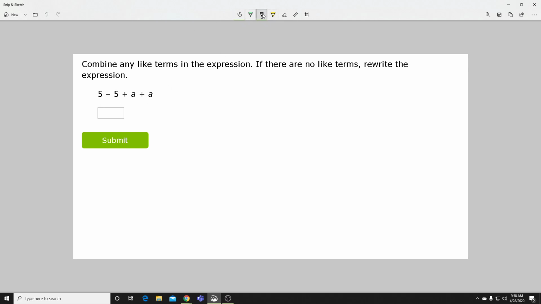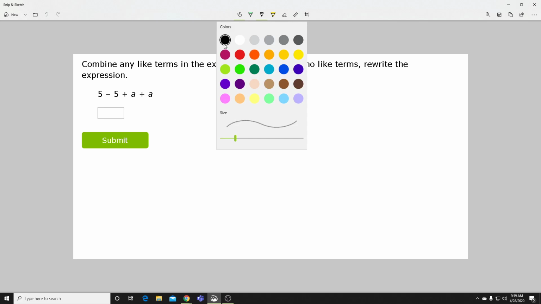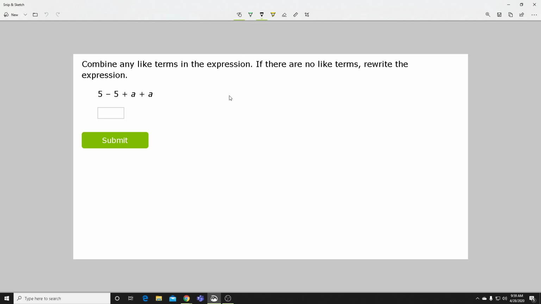Okay, notice that each term does not have an a in it here. So what you want to do is we want to list our constants. Let's see, we have 5, and then we have a -5.